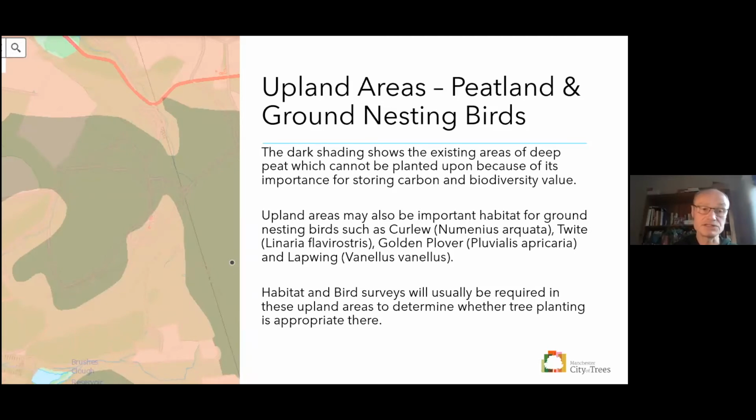Where these habitats exist, we will be required to undertake habitat and bird surveys to make sure those locations are appropriate for tree planting and are not existing important habitat spaces for birds.